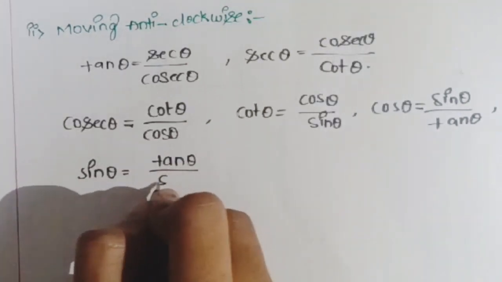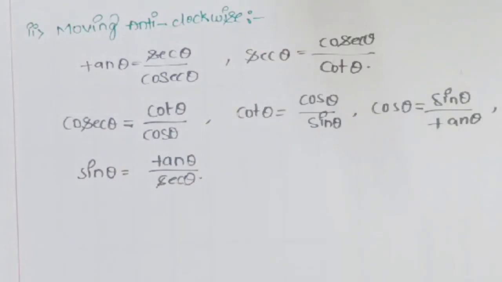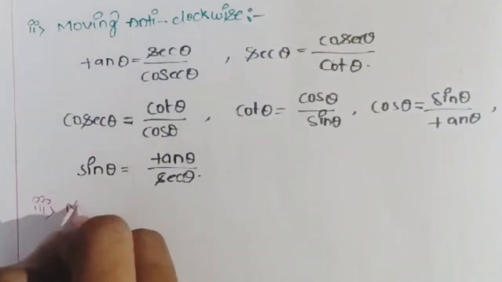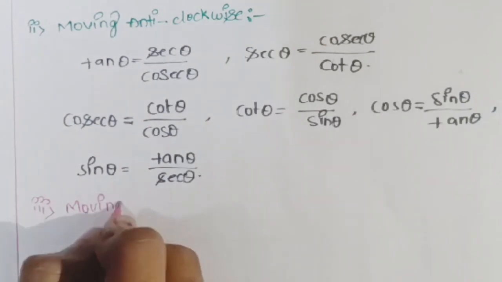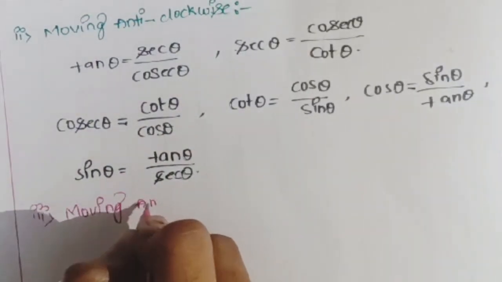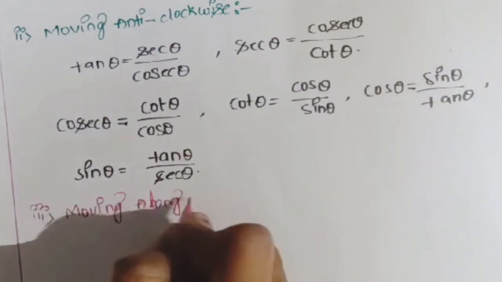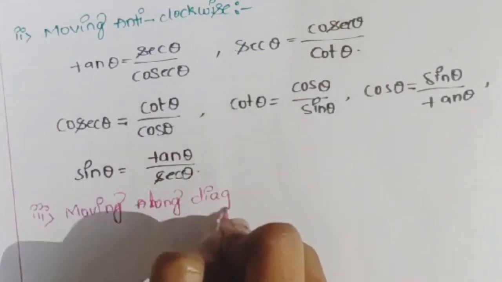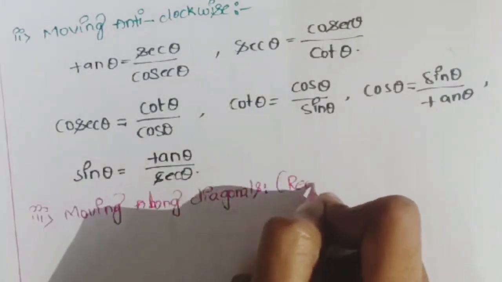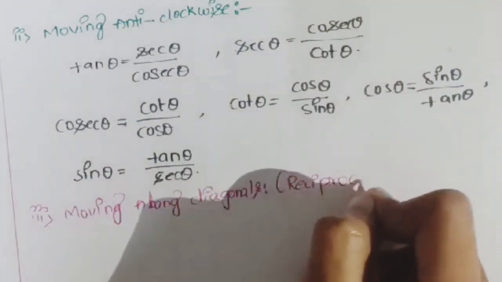We are just moving in two ways, and we derived a few formulas. And again, if you move along the diagonal, in the sense of the cross marks, you know the cross marks, right? The multiplication symbols. This gives the reciprocal formulas. If you move along the diagonals, you can easily derive the reciprocal formulas.